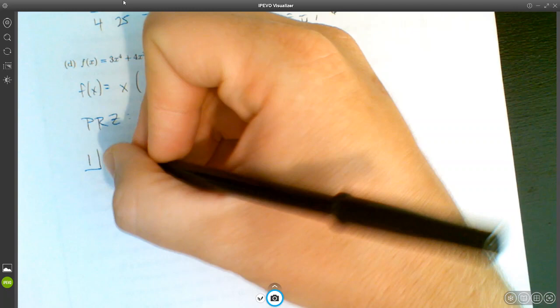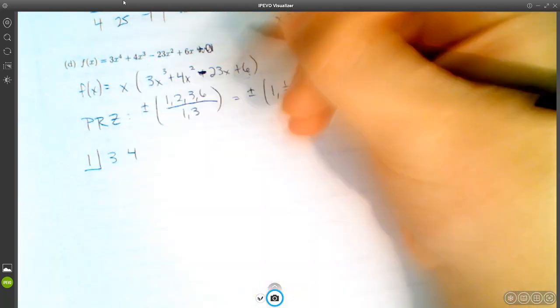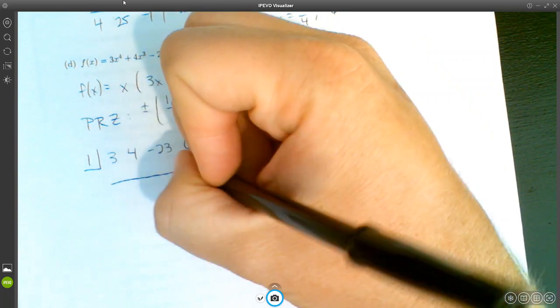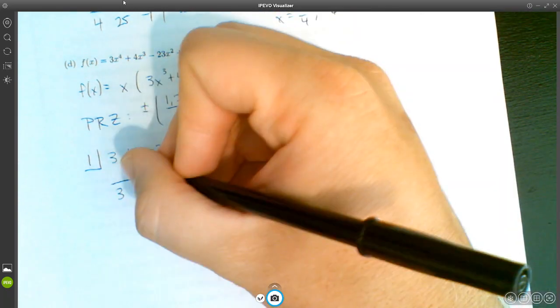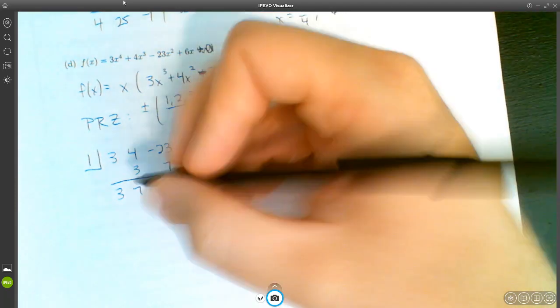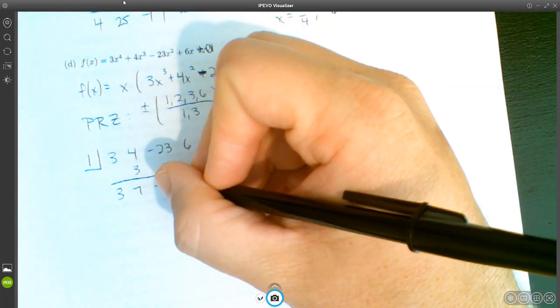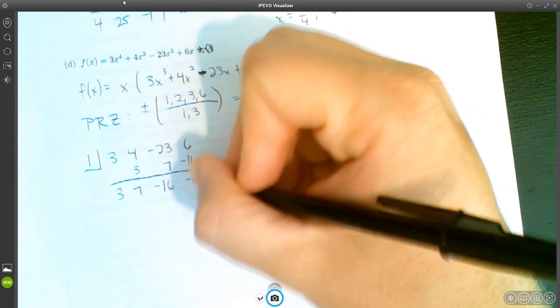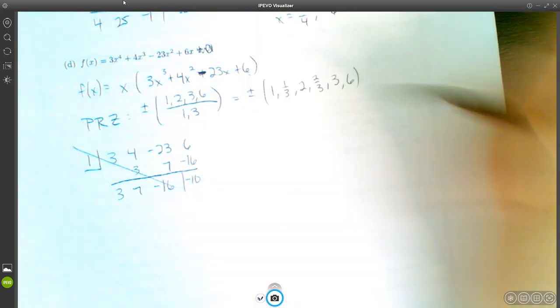Starting with 1, we've got 3, 4, negative 23, and 6. This isn't going to work, is it? Negative, what is this? Negative 16. Okay, so that doesn't work. I can try 2.